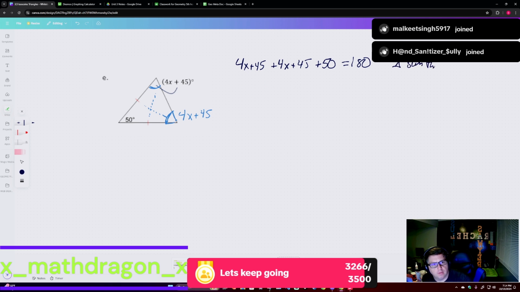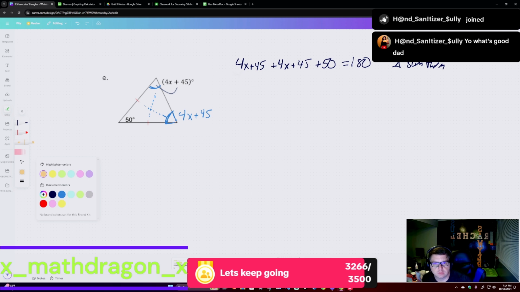Triangle sum theorem. Okay. Then combine our like terms. Combine, and then let's draw our line down the middle, equal sign, stay organized. 180.